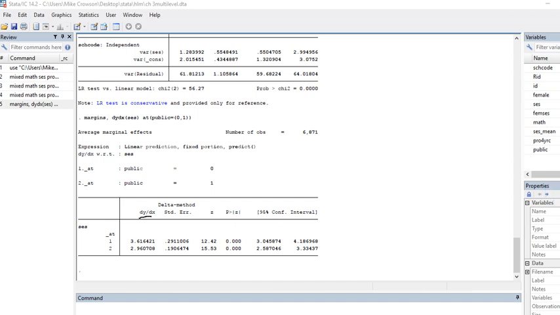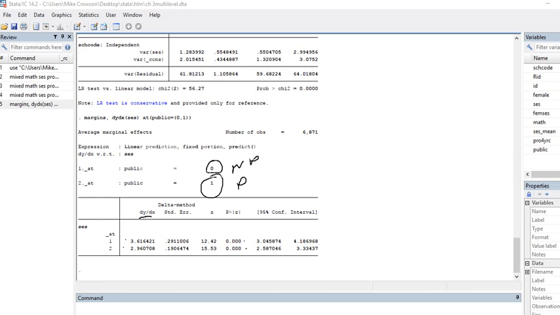These are the simple slopes, and the level 0 is the non-public school, and the 1 represents a public school. You can see that the slope for the relationship between SES and math achievement is actually stronger in the non-public school as opposed to the public school. And you see that both of those slopes are statistically significant.